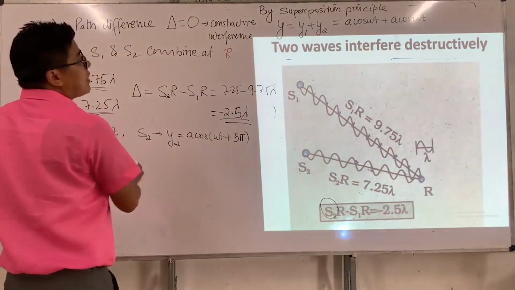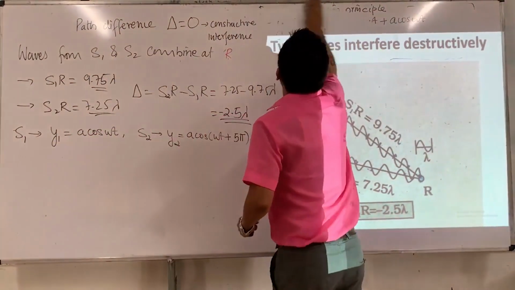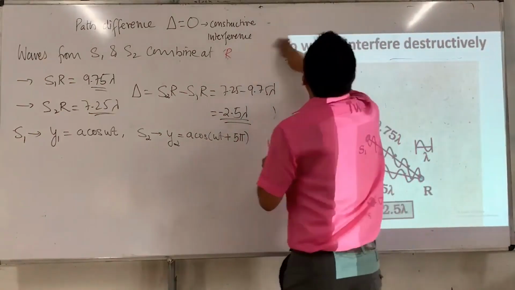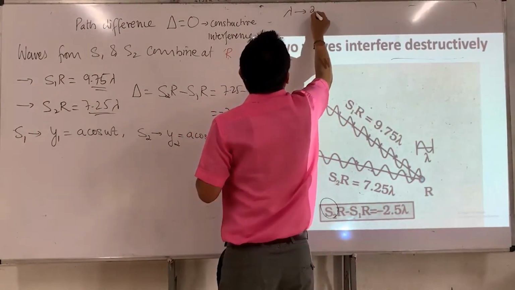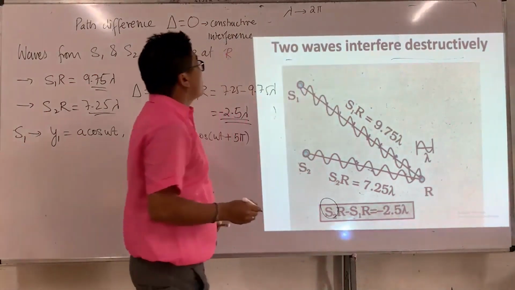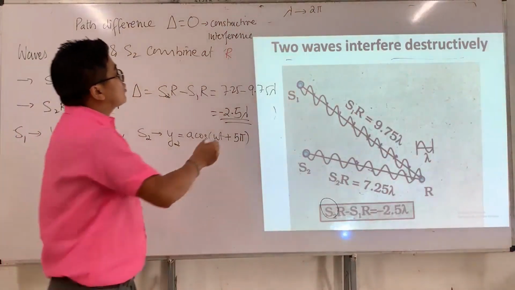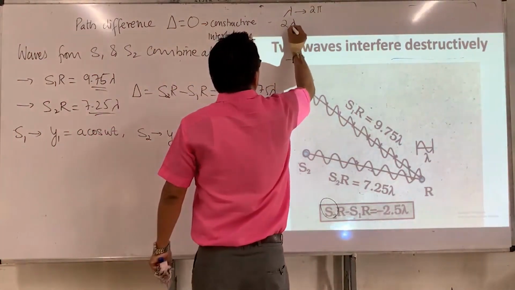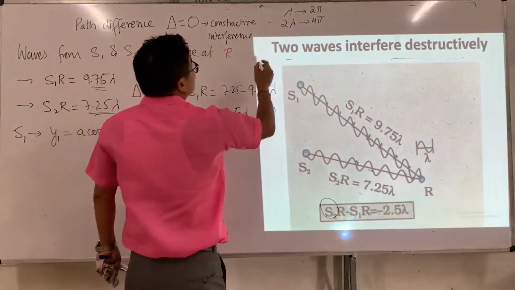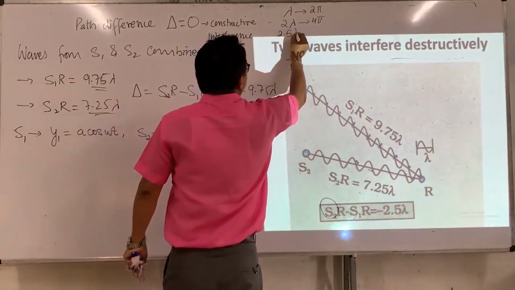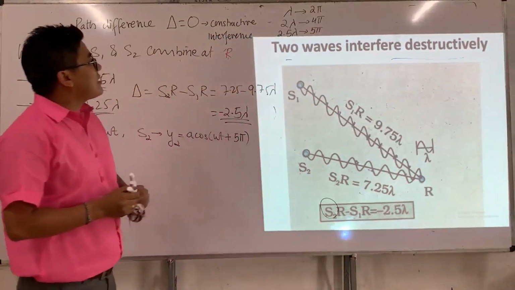For your understanding, I would like to write here that one wavelength corresponds to 2 pi phase. So therefore, 2 wavelengths correspond to 4 pi. Then 2.5 wavelengths correspond to 5 pi phase. Alright?